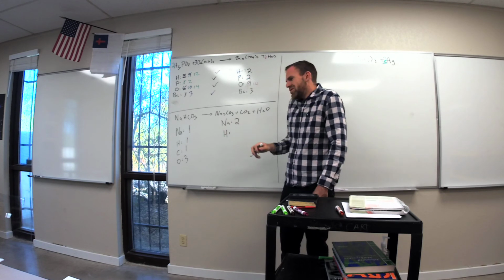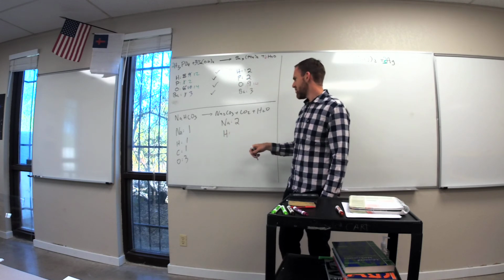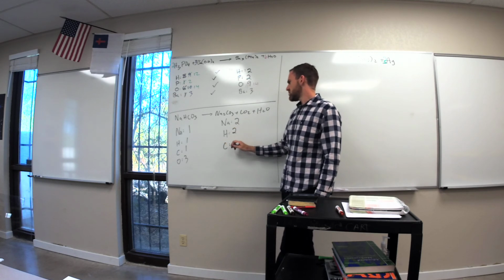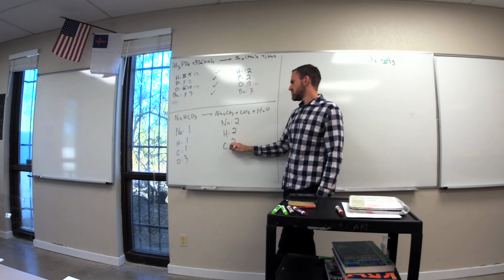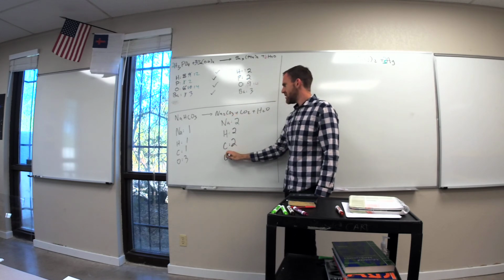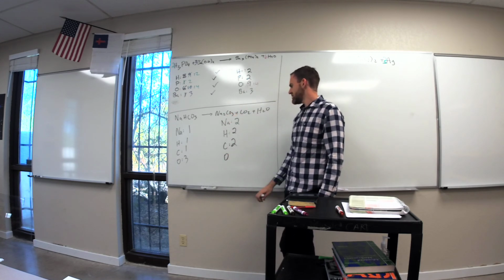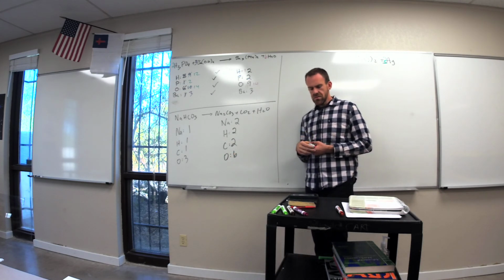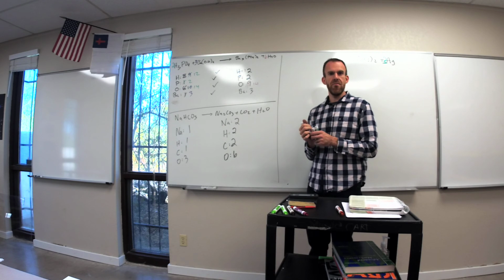Hydrogen. Carbon. 6. 2. Oxygen. A lot. 3, 4, 5, 6. Okay. Which ones are easiest to figure out?